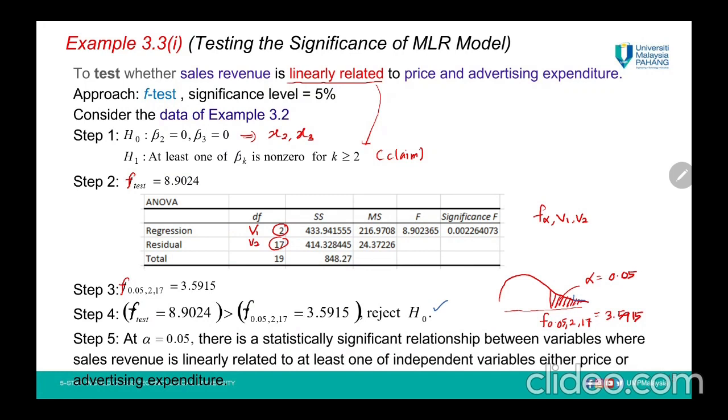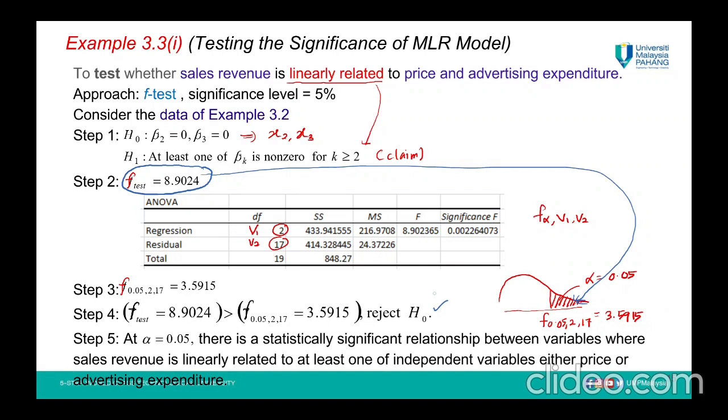The decision to reject H0 is also supported graphically, as the F-test value lies in the rejection region. So we complete step 4.